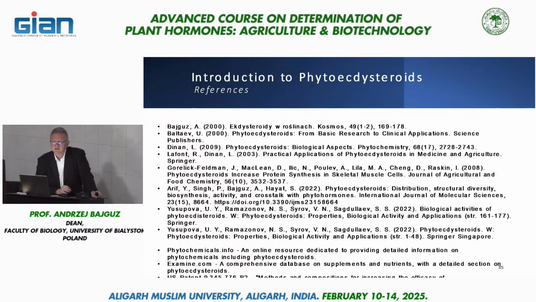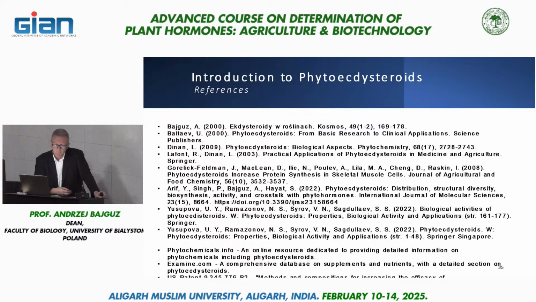While phytohormones are synthesized through highly conserved metabolic pathways integrated in plant physiology, phytoecdysteroids are secondary metabolites produced mainly in specific plant families, as I showed, with no universal role in plant metabolism.